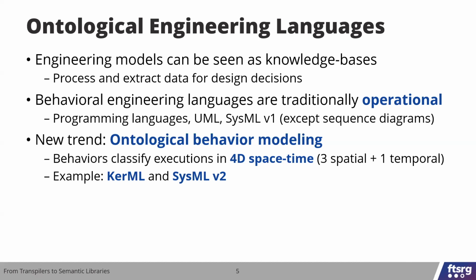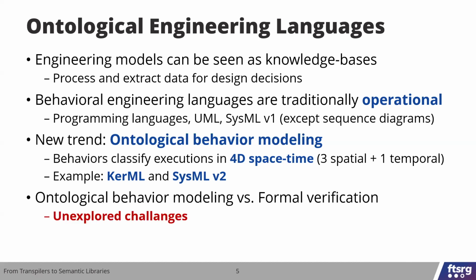One example could be the KerML and the SysML v2 languages, which are under development right now. So ontological behavior modeling has some unexpected and unexplored challenges that we need to explore and come up with solutions for.